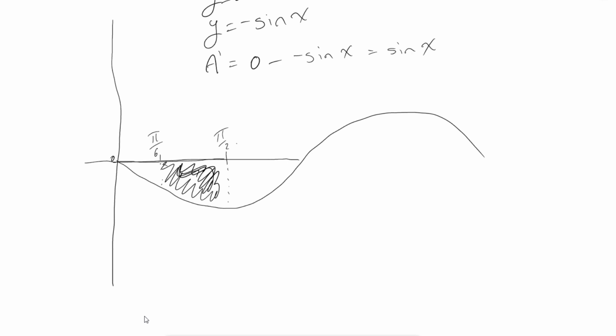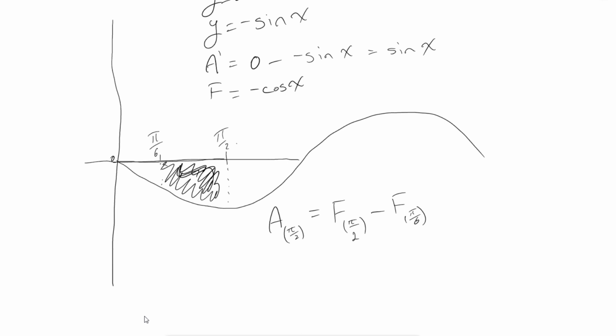So the antiderivative of sine x, I'll get it right eventually here, is just plain old negative cosine of x. And so to find our answer, the area is equal to the antiderivative at pi over 2 minus the antiderivative at pi over 6.